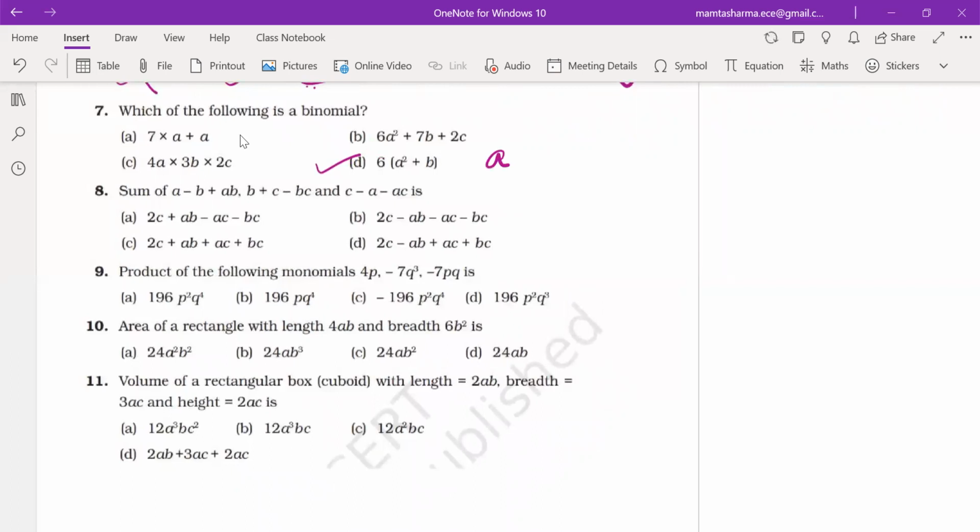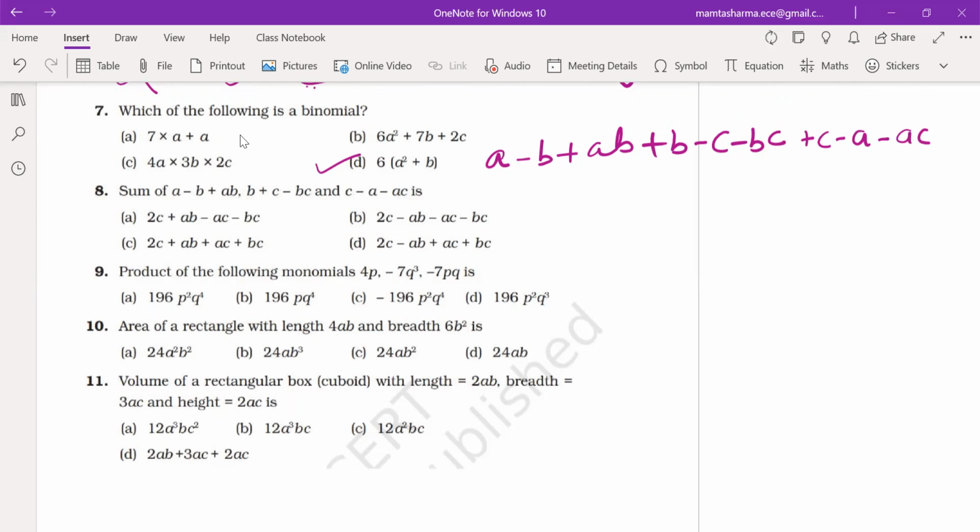First one, ma'am. Sum of A minus B plus AB, plus B minus C minus BC. Okay. And then plus brackets, ma'am. Minus A. No, sum. No need to put a bracket if there is a sum. If minus is there, then you need to put a bracket.